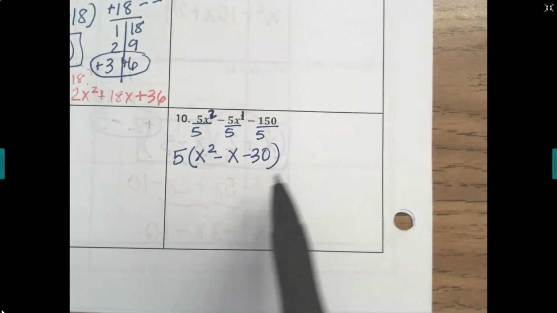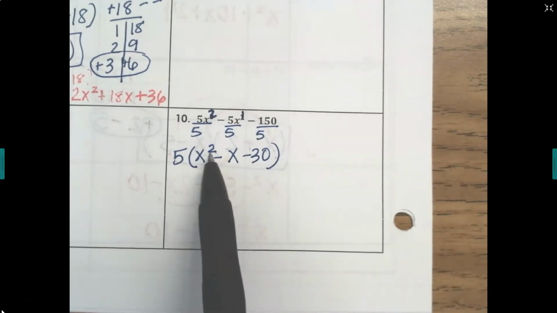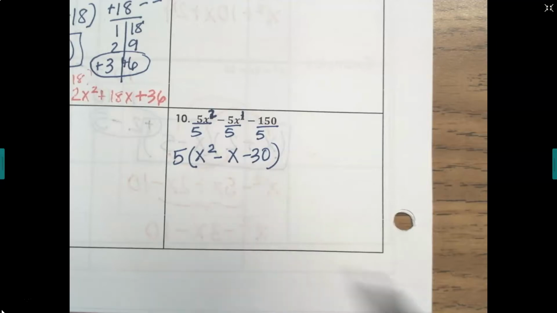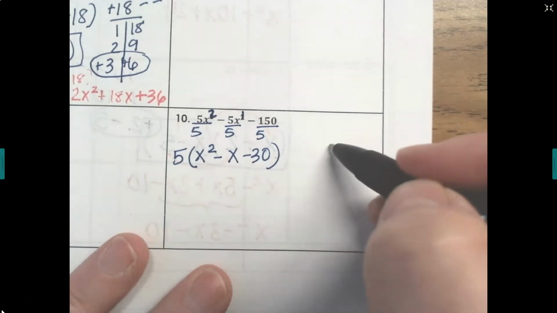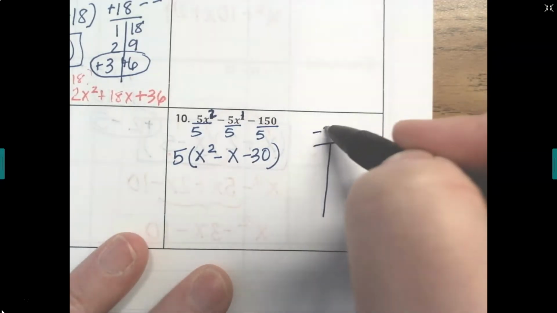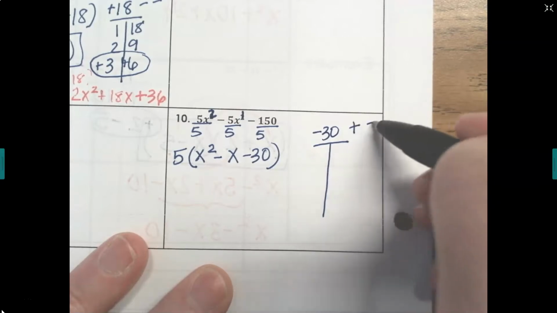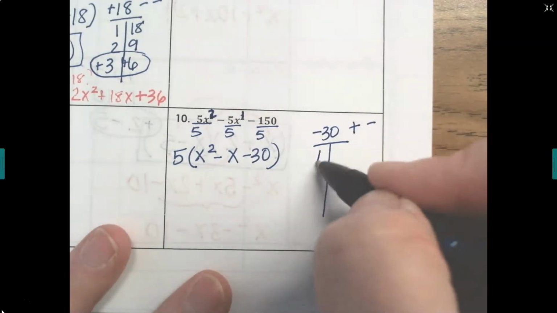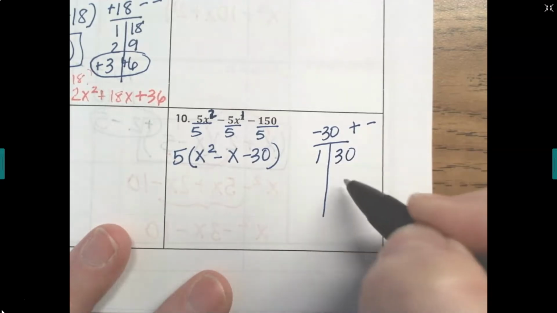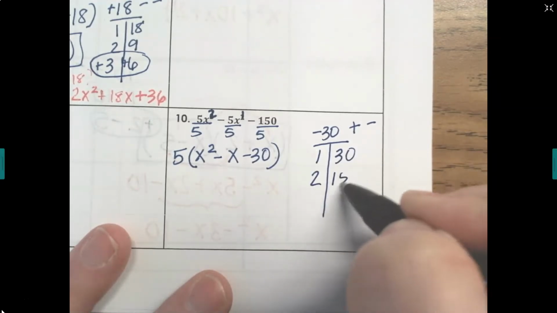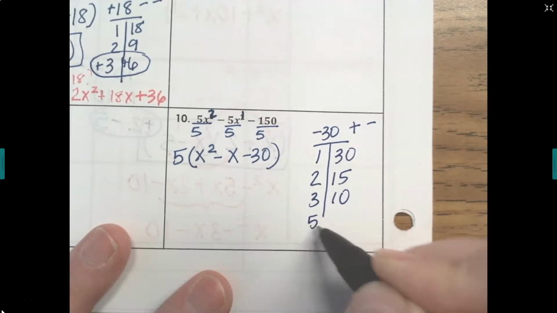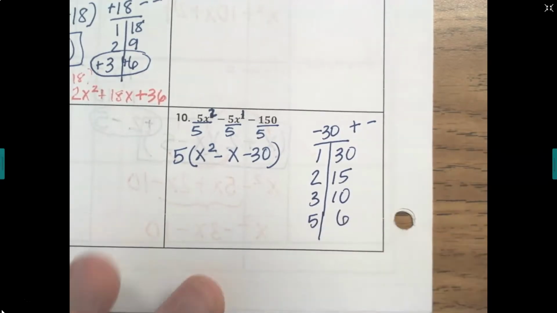Let's check because this is still a squared thing. Let's see if we can break this down. What multiplies to negative 30 but adds to negative 1? Negative 30 means the numbers have opposite signs from each other. One's positive, one's negative. So my factor choices are 1 and 30, 2 and 15, 3 and 10, and 5 and 6.